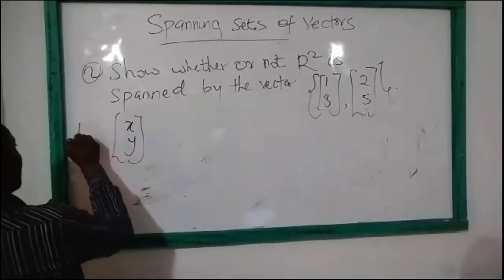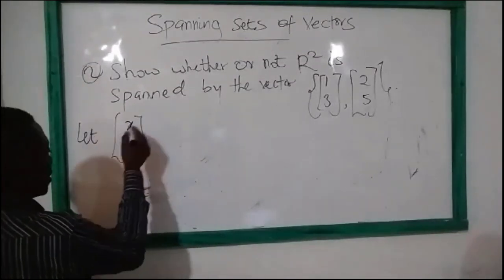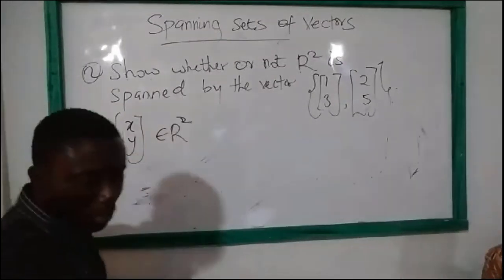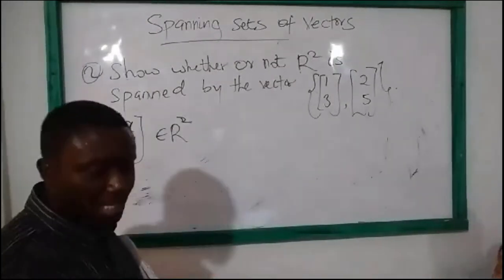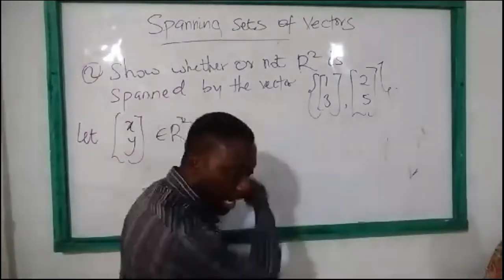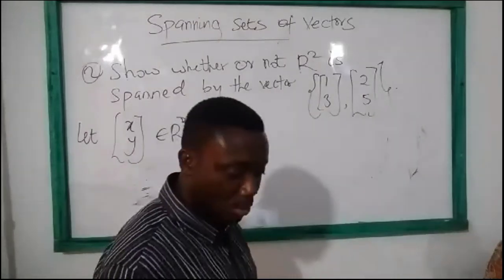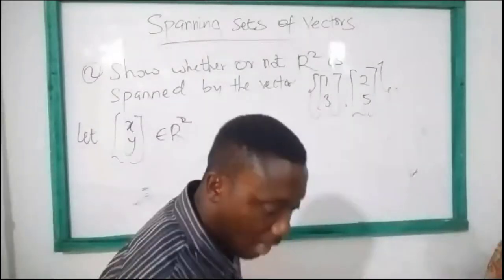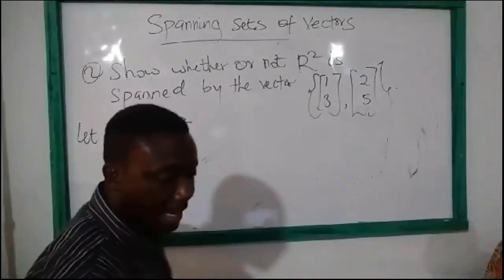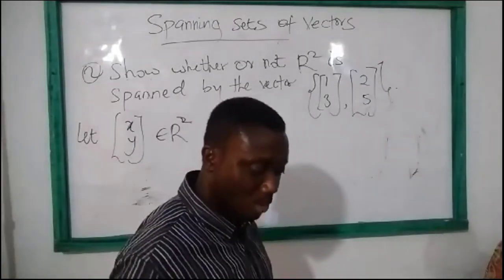So let this be a member of R2. We are going to let x and y represent that vector that this set of vectors must span. In this case, it's a general vector, so we are just representing it by (x, y).